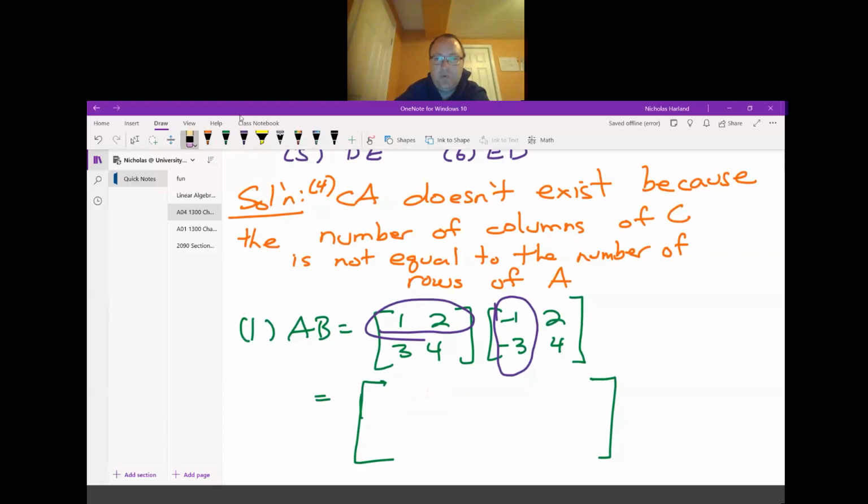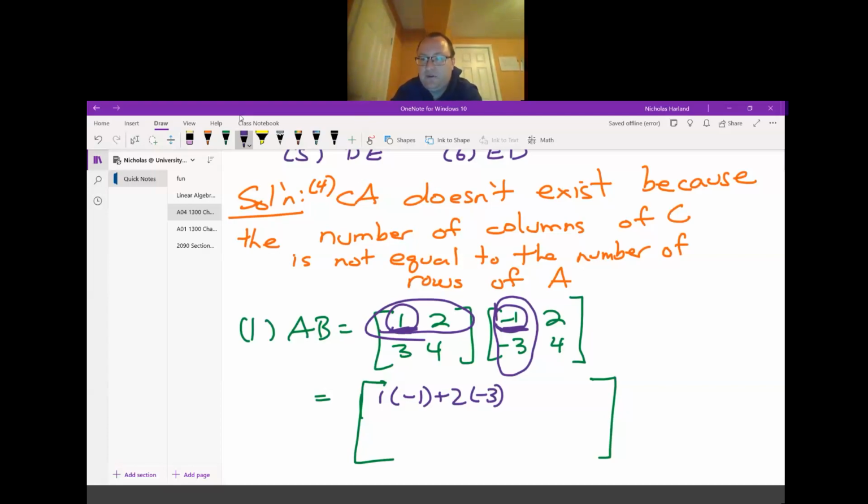In other words, what do we get for our first row, first column? We're getting -7. So we take 1 times -1. I'll write it out in every gory detail at first. We take our 1 times -1, and we add 2 times -3.